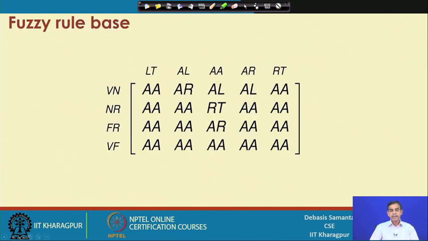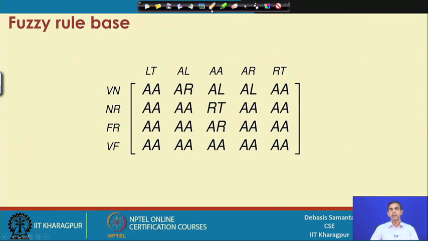The idea is that the fuzzy rule base is there, which we have already learned, and in the context of the current mobile robot example, we know that 20 rules are there. All the rules are depicted here in the form of a rule matrix. Out of these 20 rules, the fuzzy inference engine will decide which rules are exactly useful so far as the current input is concerned.